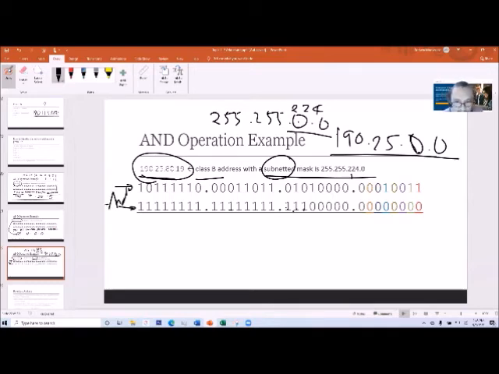All numbers bearing ones are still the same number. 10111110 dot 00011001 dot 01000000 dot. Since these are all 0, automatically these are 0.